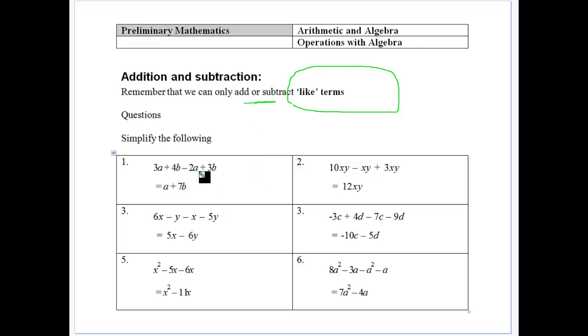So when we look to add these ones up, 3a minus 2a would give us a. 4b plus 3b gives us 7b. A's are like terms, b's are like terms, but a's and b's are not like, so we cannot start getting down to one term. Don't be worried if you can't get down to one term. A lot of times people think they've got to get down to one term.